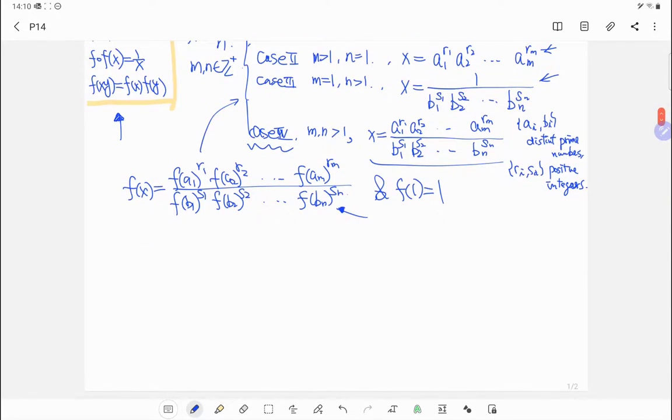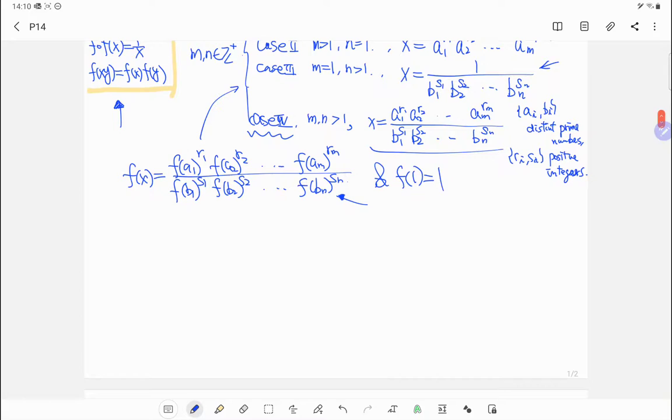Okay, so next, let's define a set A. Set A to be P1, P2, P3, P4, so on and so forth. And Pi are prime numbers in ascending order.